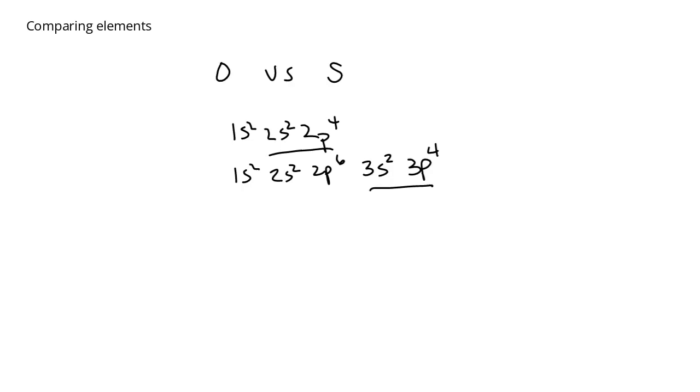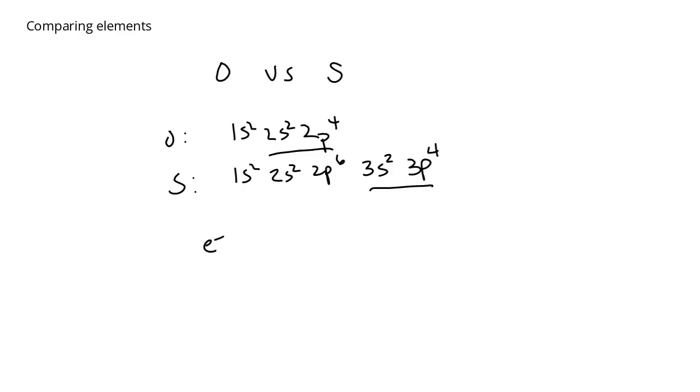When we look at oxygen, the 2s2, 2p4 are in the highest energy level because the level is 2, there's 6 in there. For sulfur, the highest energy level is 3, and there's 6 electrons in the 3.